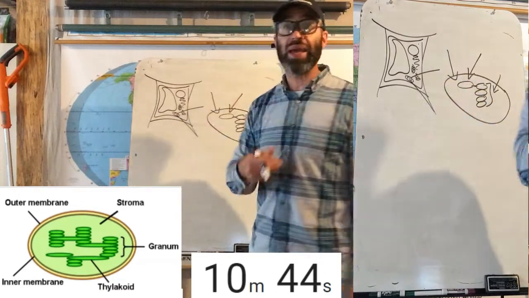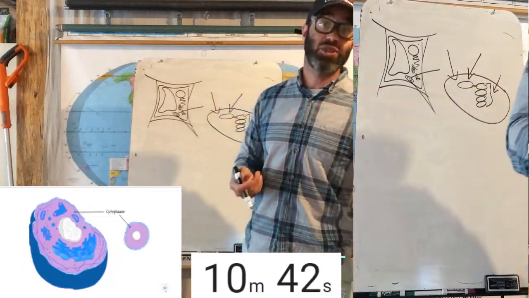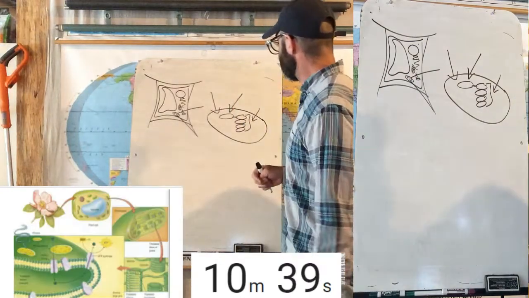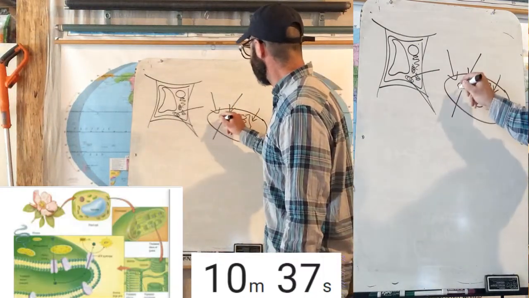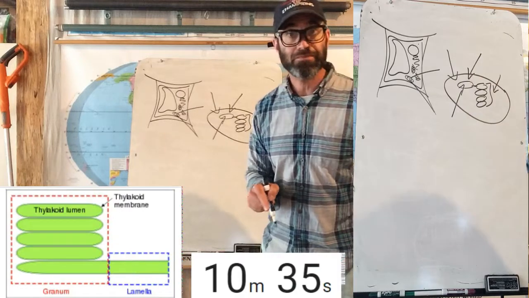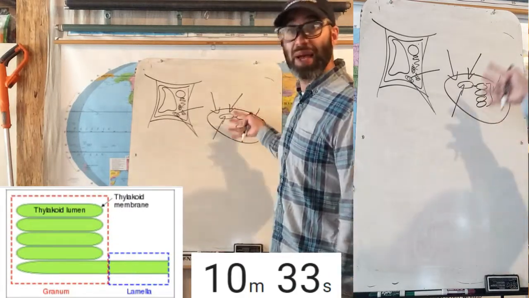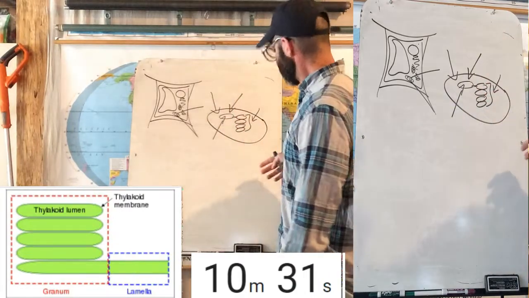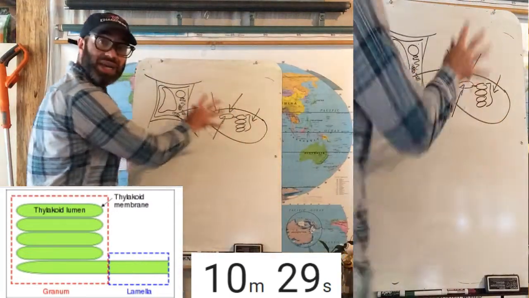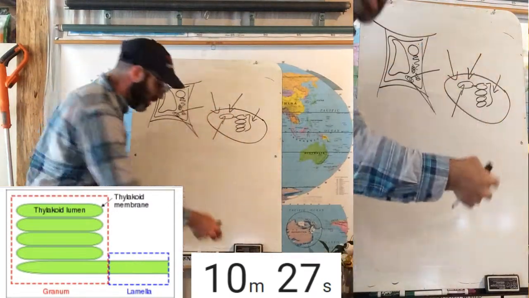Stroma is to a chloroplast as cytoplasm is to a cell. And inside of the thylakoids you have a space called the lumen. So the chloroplast has structures. Let's zoom in on the chloroplast and see what happens.